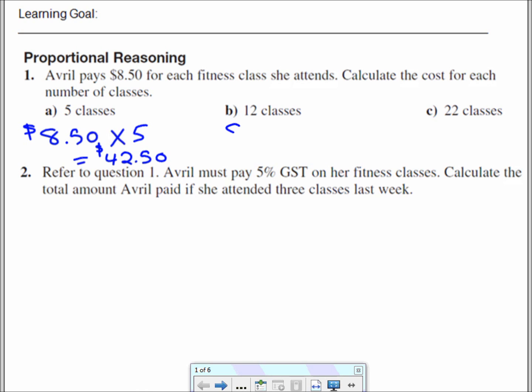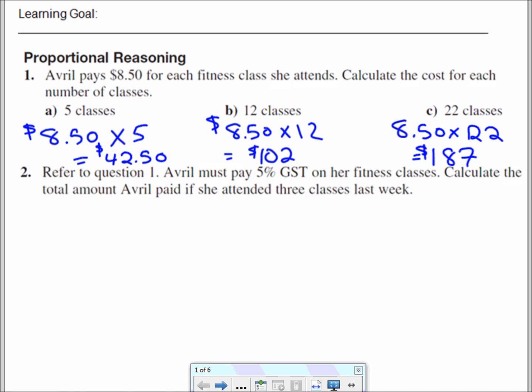So now it's going to be $8.50 times 12 classes. $102. And 22 classes. $187.